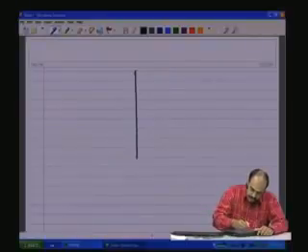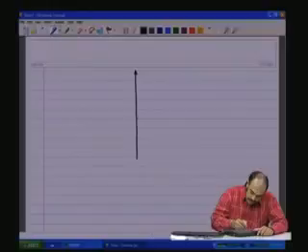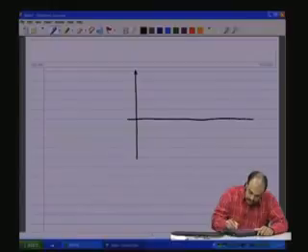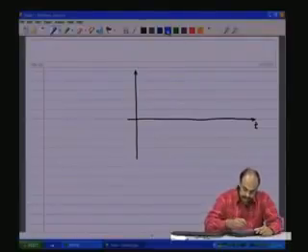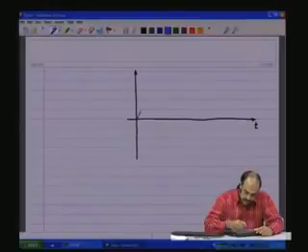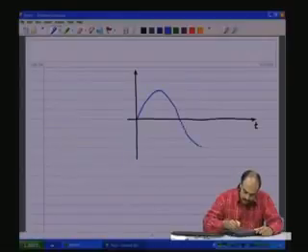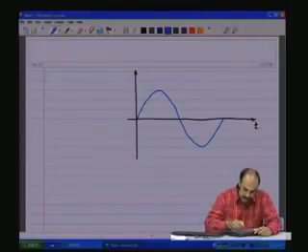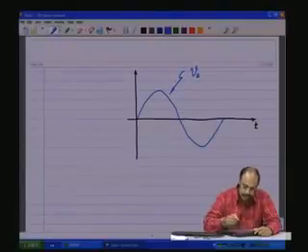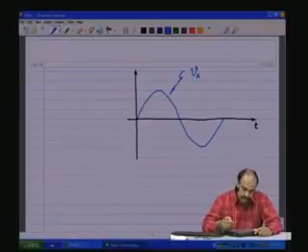So, I am having a y axis here, and likewise I will also have the x axis, and the x axis is time t. Now, here on this x axis, let us say that we have a sinusoidal signal like this. Okay. So, let me call this one as V A. This is the sinusoidal signal.